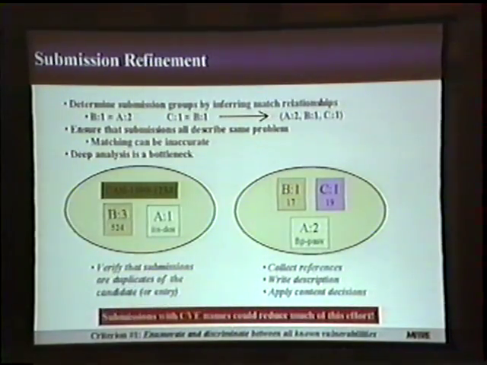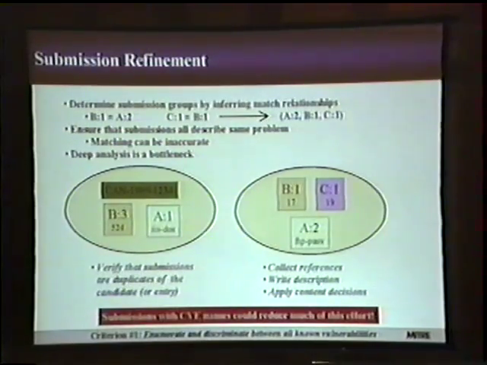We then take all of these matched submissions. We know that A equals B, B equals C, and so on. And then we do a transitive closure. Basically, we just take all of the submissions that have been matched against all others and combine those into groups of related submissions. This gives us a number of different data points that we can then work with.